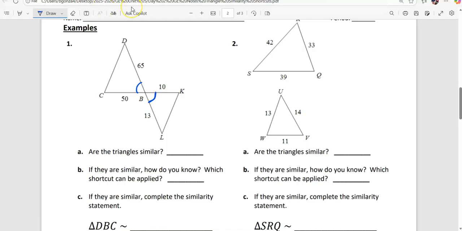So here's what we're going to do. This 65 corresponds with 13. These are corresponding. 50 and 10, these are corresponding. So here's what you do. You make a fraction connecting corresponding sides, 65 over 13, and then in the same order, 50 over 10.